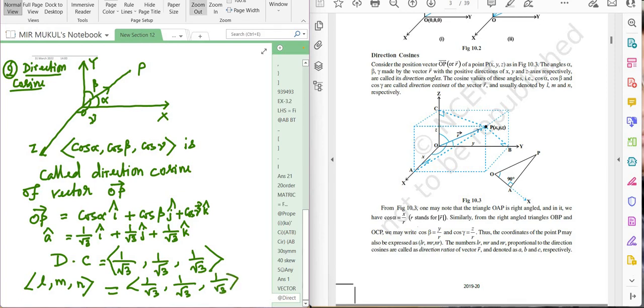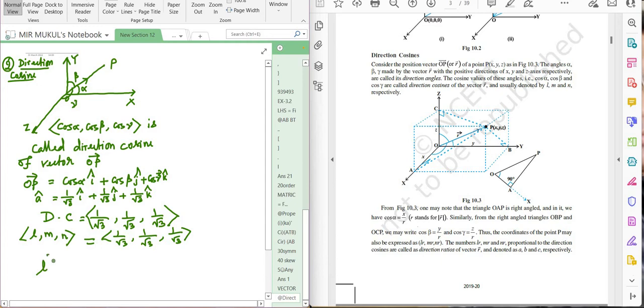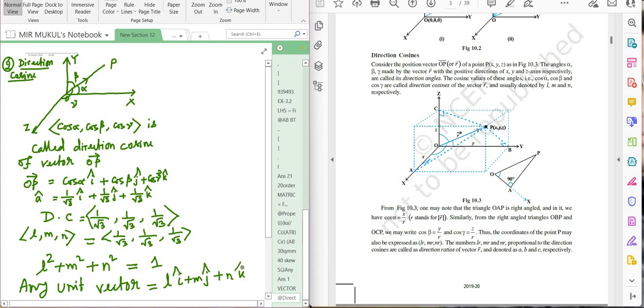Okay, and always you will observe l square plus m square plus n square will be what? 1. So any unit vector can be written as li plus mj plus nk.